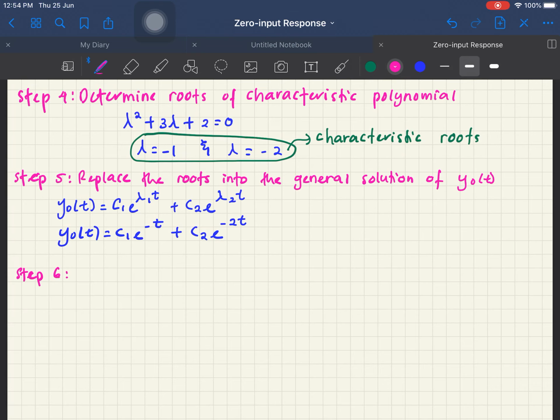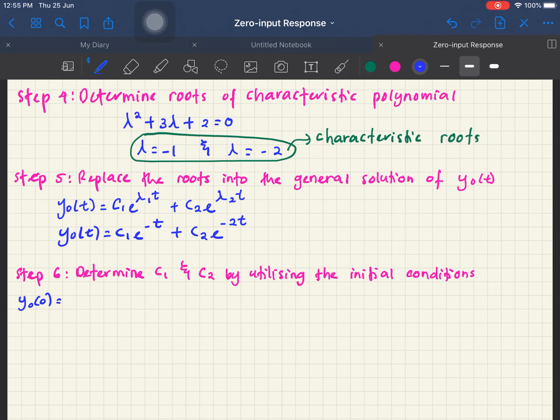The next step is to determine c1 and c2. For y of 0, which is equivalent to 0, we will have c1 e to the power of 0, t equals 0, plus c2 e to the power of minus 2 times 0.